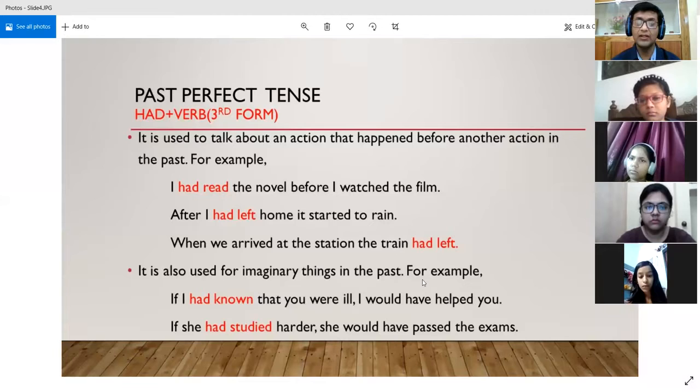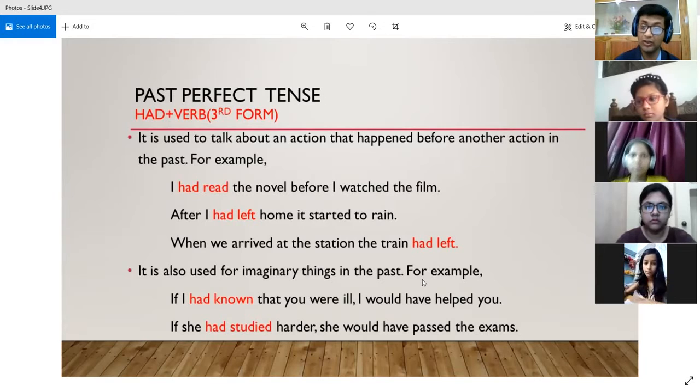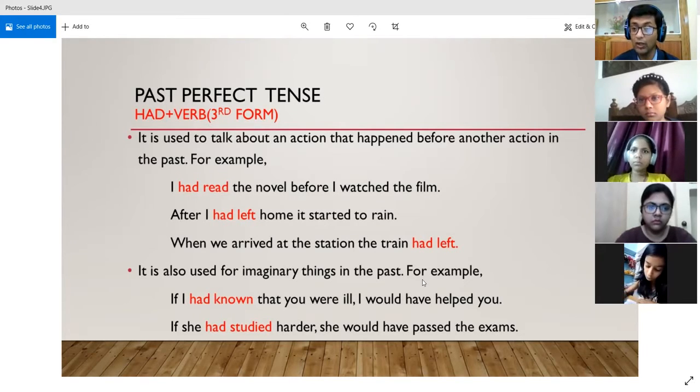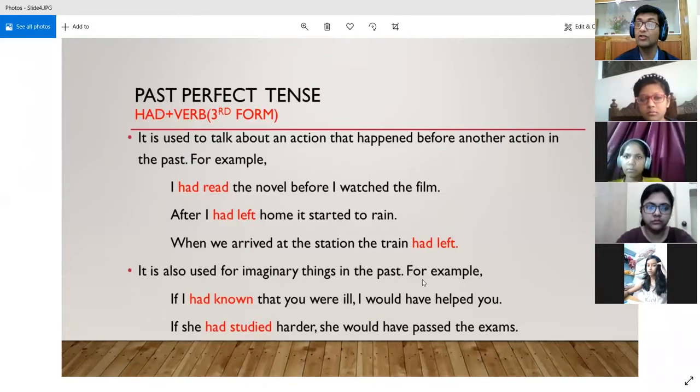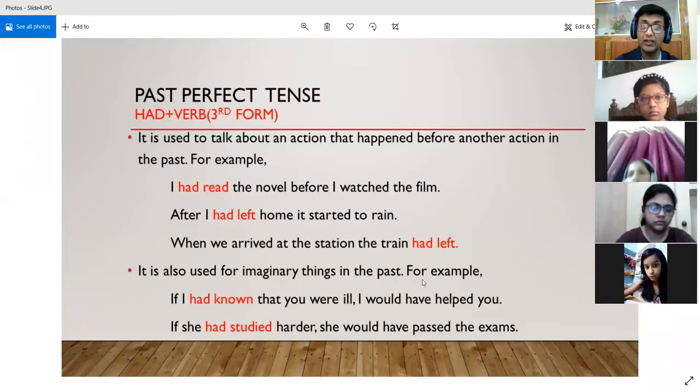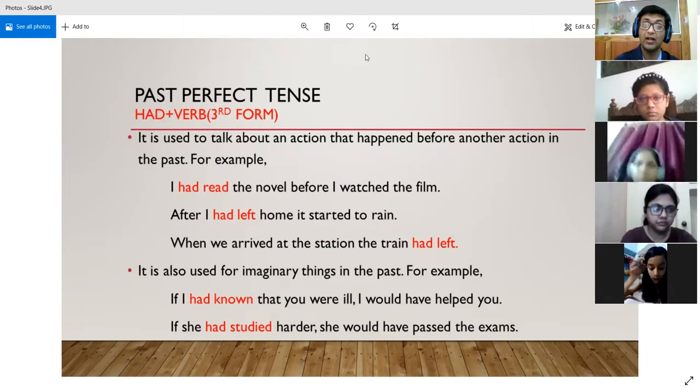Here I am imagining that if I had the knowledge of your illness, I would have helped you. I am imagining a thing of the past. It never actually happened. I am just saying that if I had known, I would have helped you.